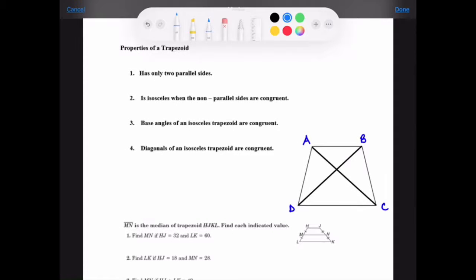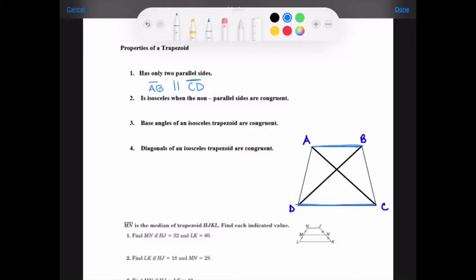So here we have trapezoid ABDC, and the first property we know is that there are only two parallel sides. So AB and DC are our parallel sides in this trapezoid. So AB is parallel to CD, right? Because AD and BC are not parallel to each other.